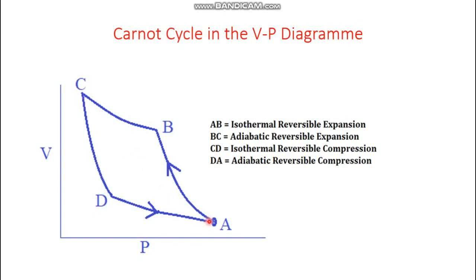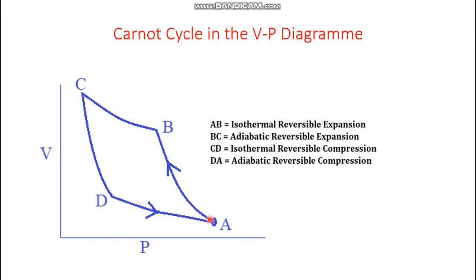Because in the PV diagram, the value of tan theta has now been reciprocated. So tan theta was greater for adiabatic than isothermal, but here since they have been reciprocated, the result would also be reversed. That means here the slope would be steeper for isothermal expansion, and here less steep. That is why the curve looks like this.